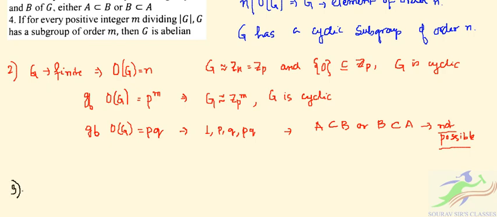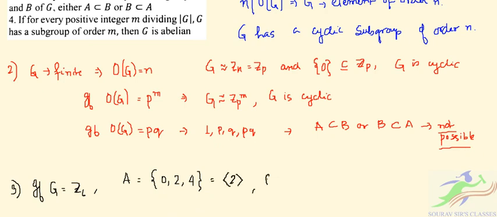If G is Z6, then A we can write as {0, 2, 4}, and B we can write as {0, 3}.